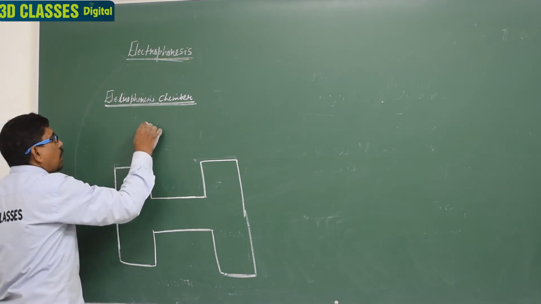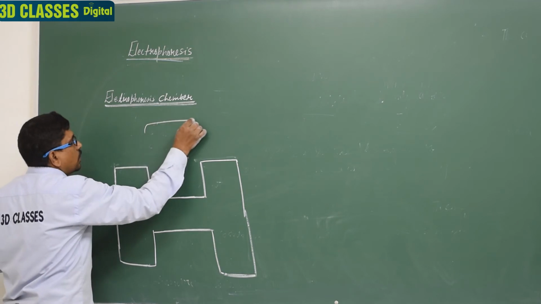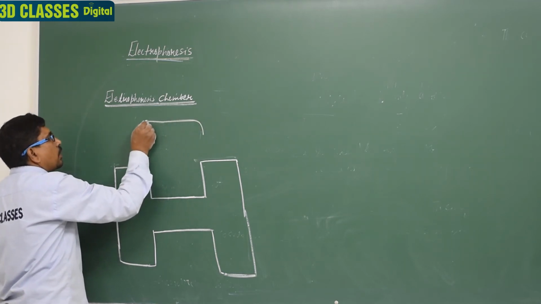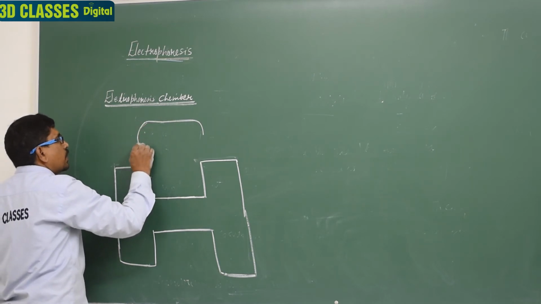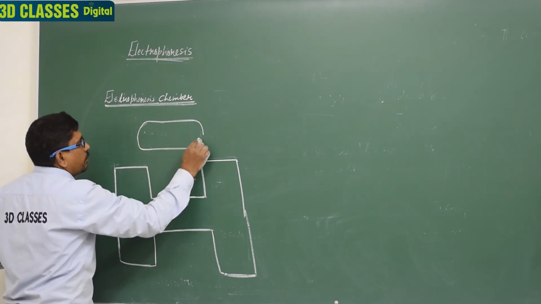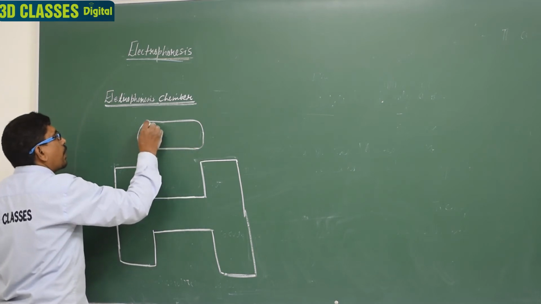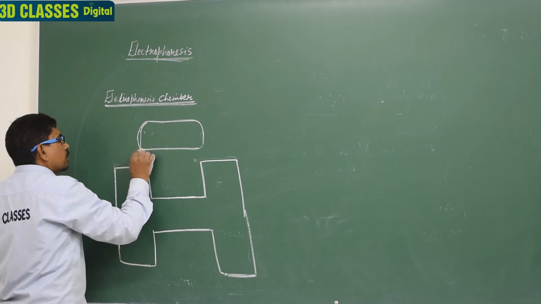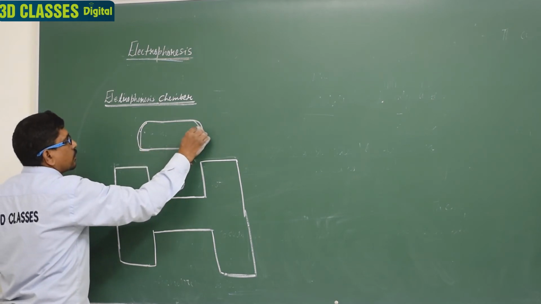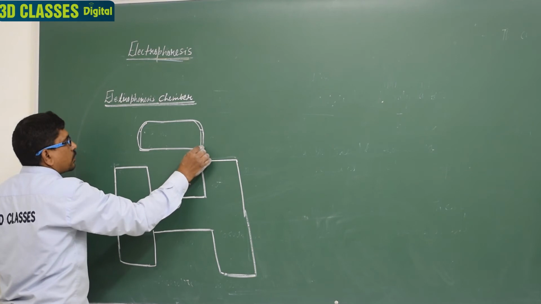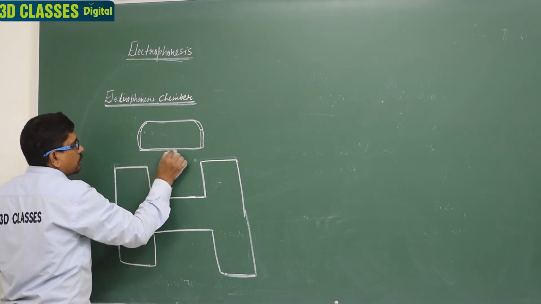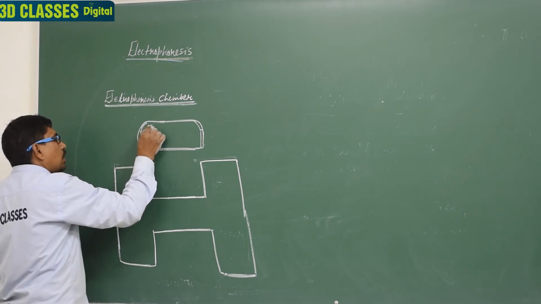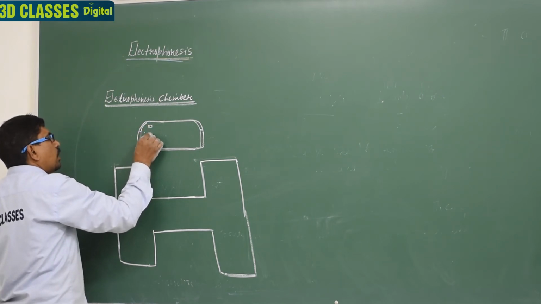So, here an electrical power source is present. Here is a structure. Here a button is present.